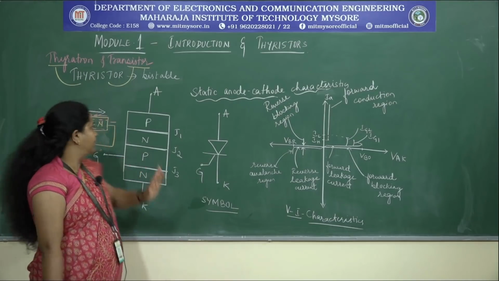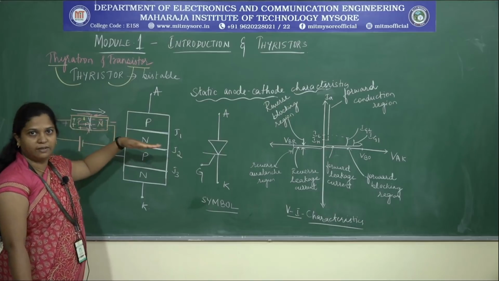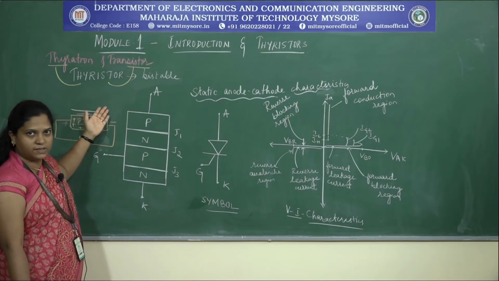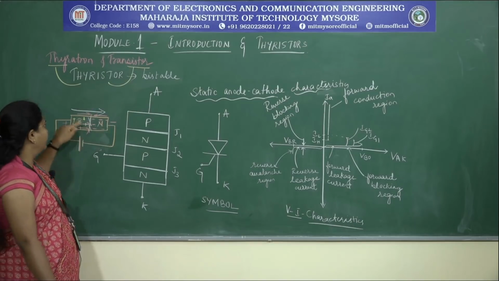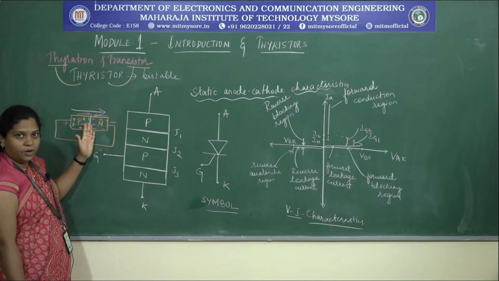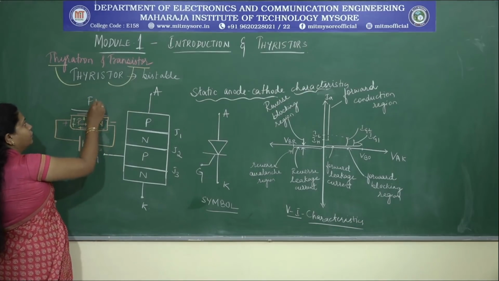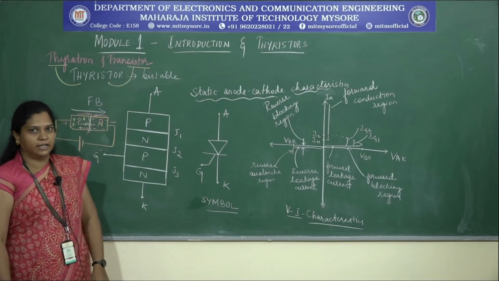When the current flows through the device, we say that this device is in the on state. Followed?